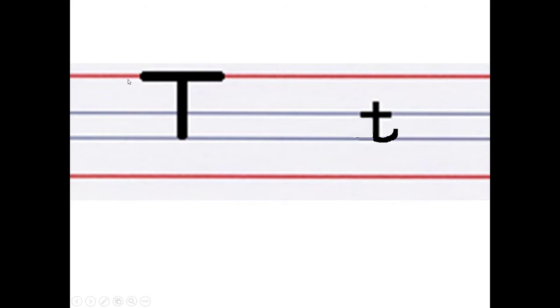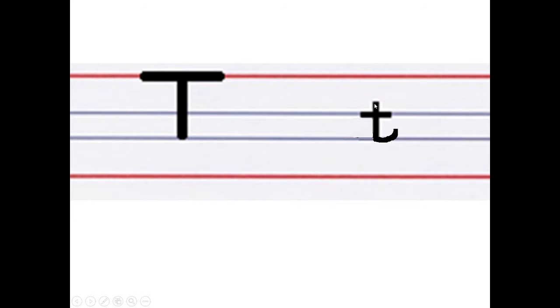Now, how do we write the letter T? T capital starts from the first line and ends at the third line. T small comes between the second line and the third line. Now, T capital, we draw one line, one, then two. This is how we write T capital.